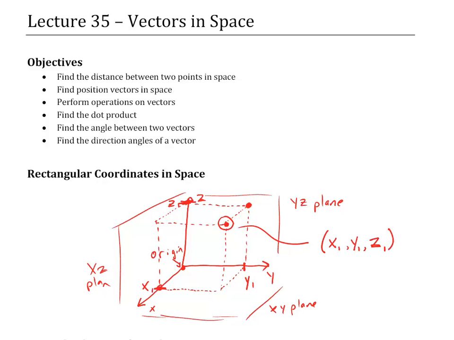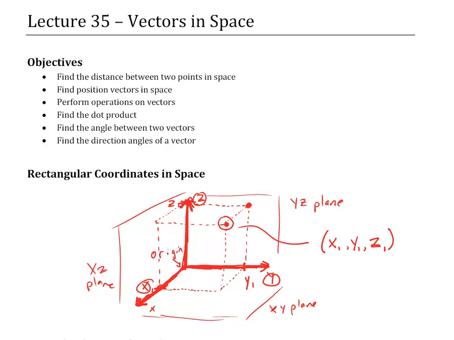All right, so we are able to find the coordinates of a point in space by looking at how it projects down onto the xy plane, yz plane, and then xz plane, and then how those then project onto each of the axes, the x-axis, the y-axis, and the z-axis. Now keep in mind, the x-axis is the one that's coming out towards you when we draw this in three dimensions. The y-axis is horizontal, going straight across, and the z-axis is a vertical axis.